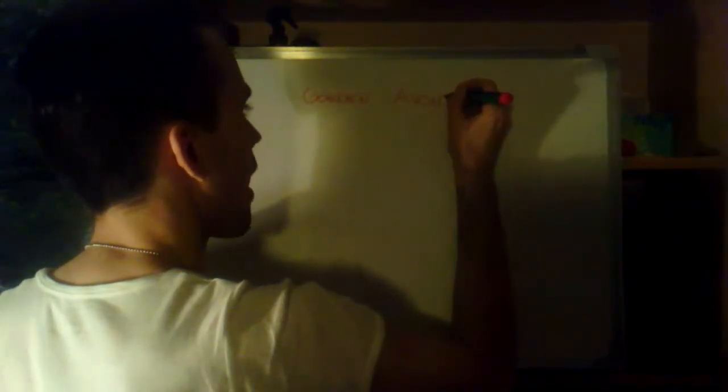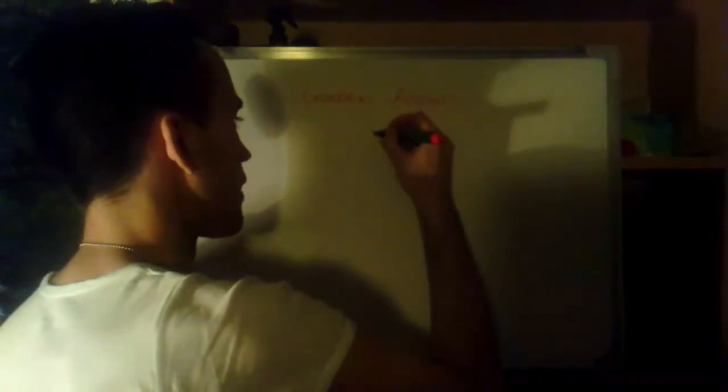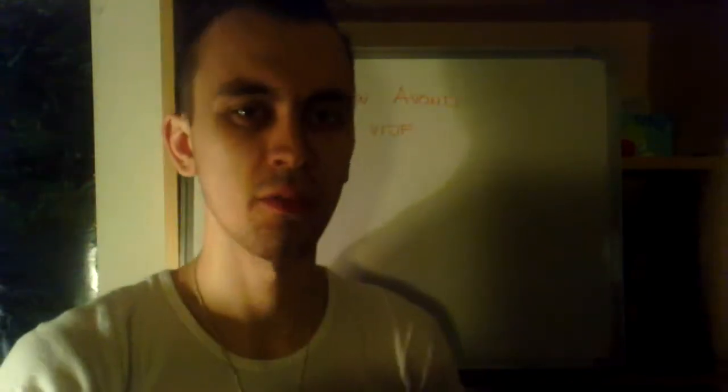Okay, let's say good evening would be goede, and evening means avond. So as you can see, V is pronounced like F. For example, in the word vijf, which is five.